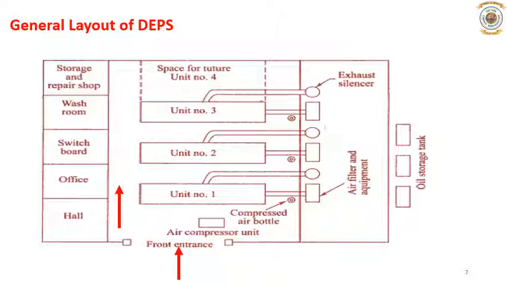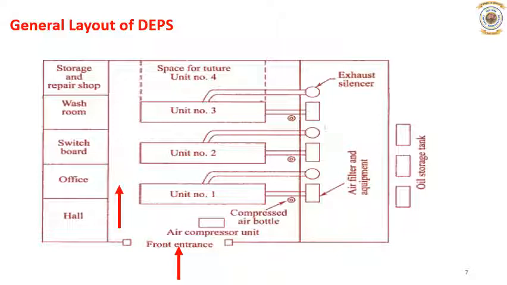The air intakes and filters as well as the exhaust mufflers are located outside the building, or may be separated from the main engine room by a partition wall, which is kept at the back end.